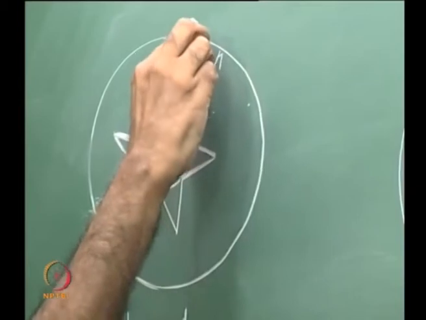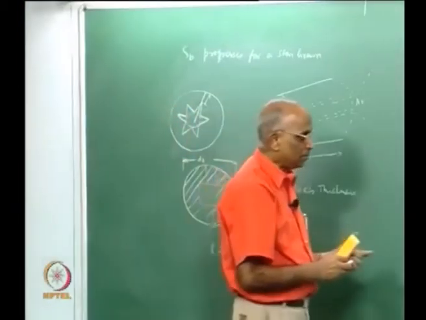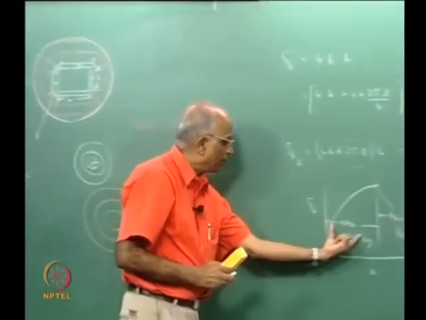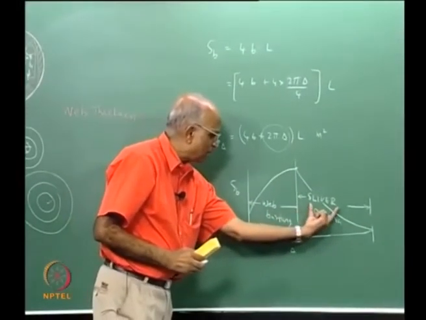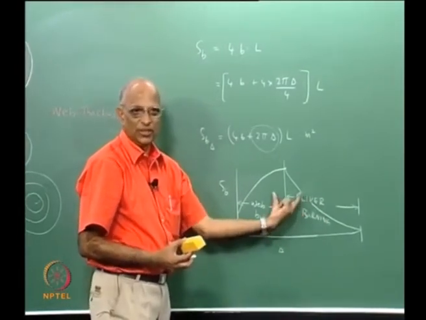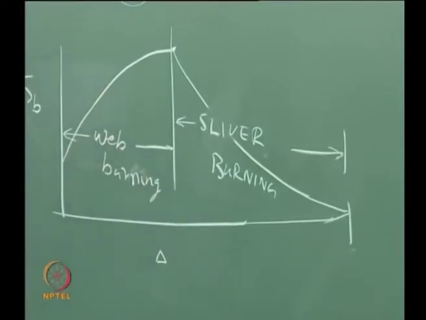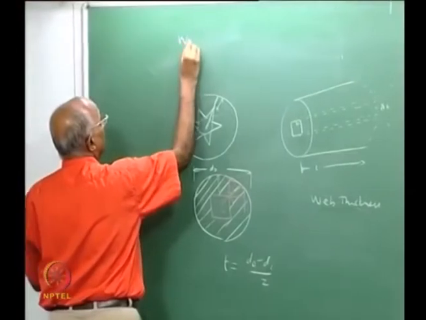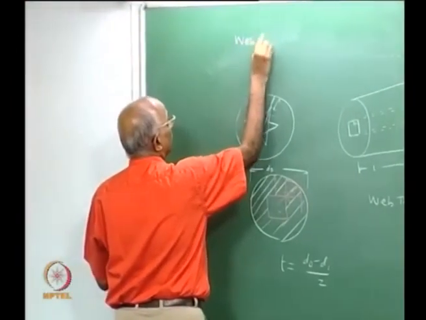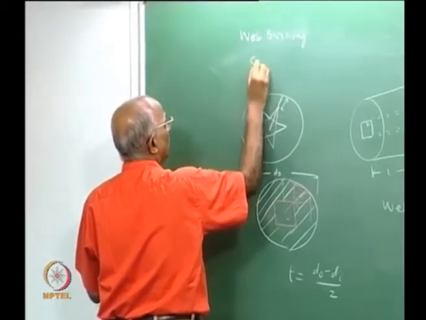Therefore I am interested in making sure that the web burning distance, that means this particular portion, is quite significant, and my sliver, the leftover burning, is quite small. This is how a grain design is done. Therefore inadvertently we introduce some words like web burning and leftover known as sliver.